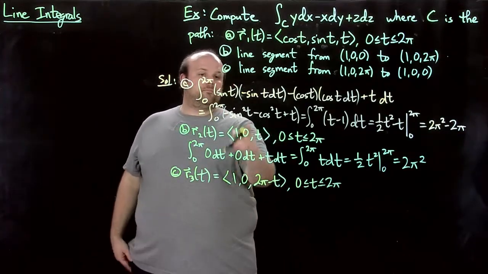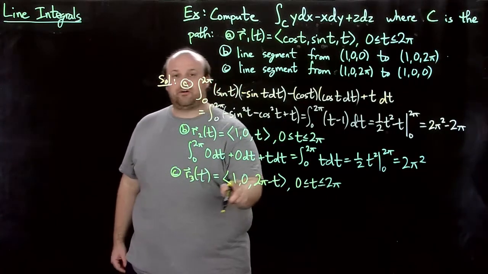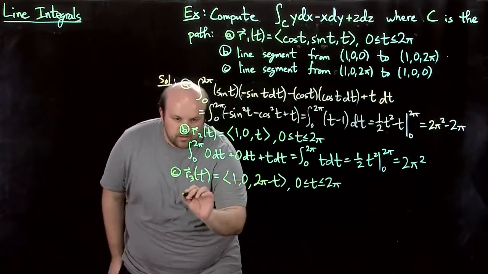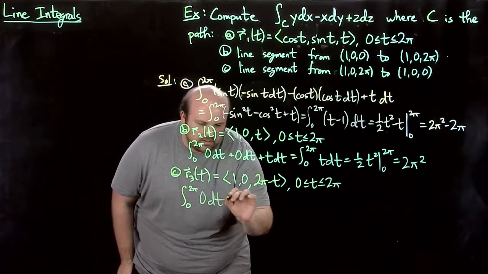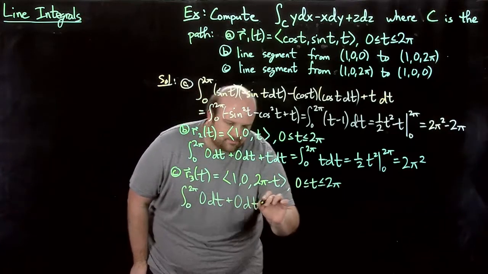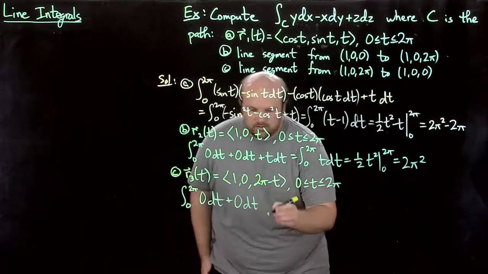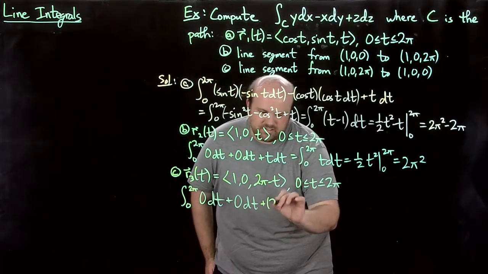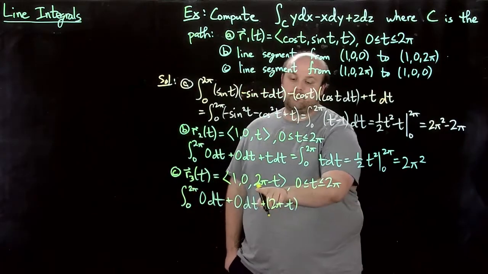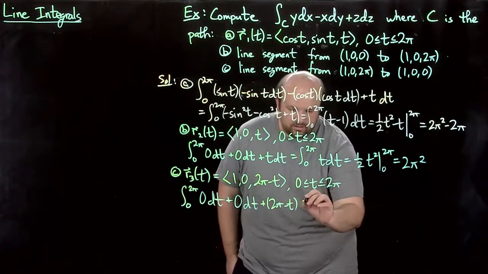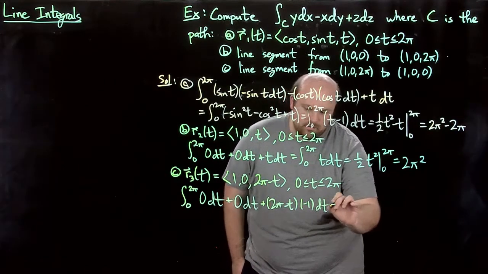Okay, so now let's do this. Since x and y are the same as they were up here, this is going to start out as 0 dt plus 0 dt. Then we just have to do the z dz term, which in this case will be 2 pi minus t, and then dz, the derivative of this, is negative 1 dt.